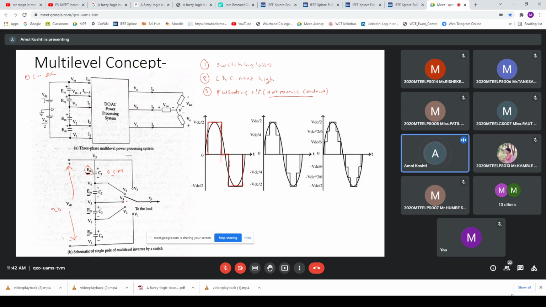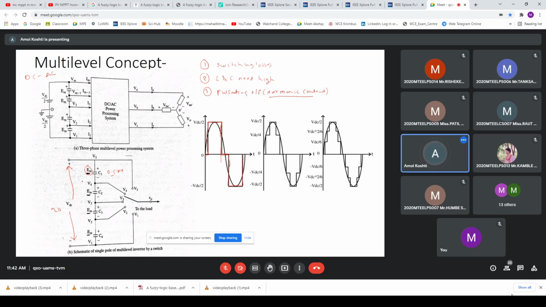Now to understand this concept, only a single switch is taken here. There are multiple points here, and here there is a single point. This single point can be thrown onto these multiple points to produce the output.